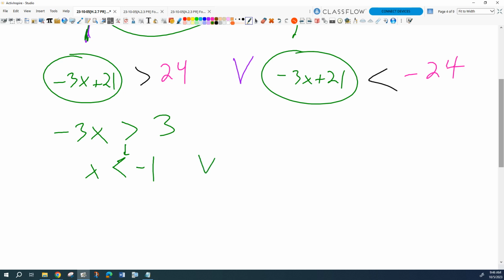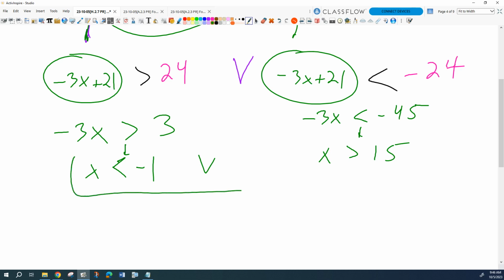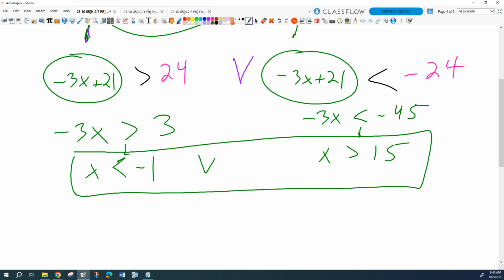If I subtract 21, everybody agree, I get -3x is less than -45. If I divide by -3, I've got to flip the inequality and I get x is greater than 15. So there's my final answer. Either x is less than -1 or x is greater than 15. Okay. How we doing? Give me thumbs. That all make sense? So we got these two patterns.